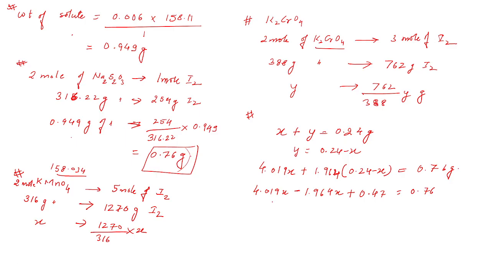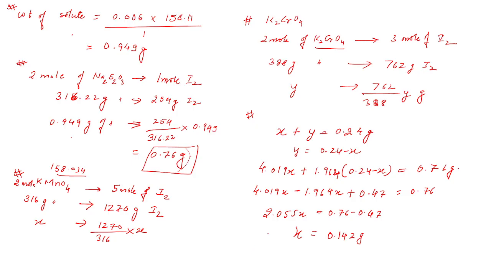You can remove it here. Then you can also find out 2.055x is equal to 0.76 minus 0.47, and if you solve this problem the x is going to be 0.142 gram.